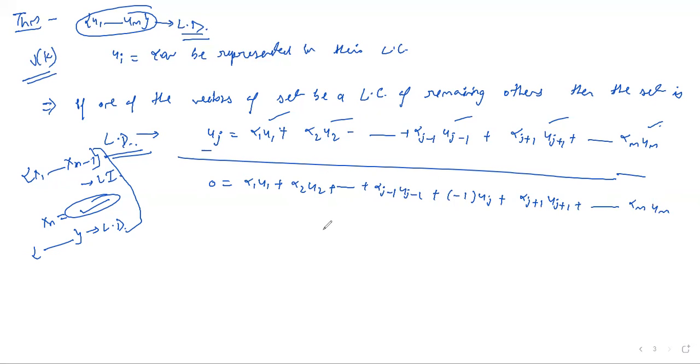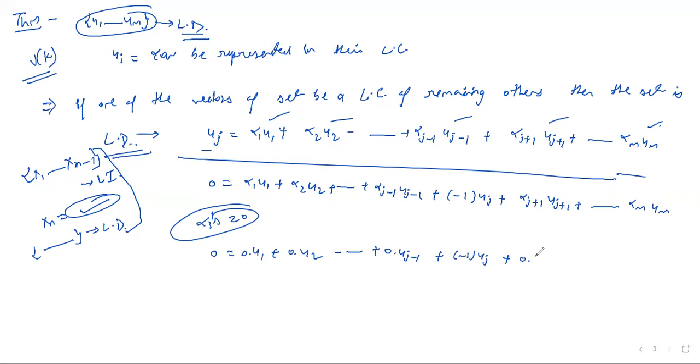Now, for a linear combination, suppose all alphas equal 0. Then it becomes 0 u1 plus 0 u2 to 0 u(j-1) plus minus 1 of uj plus 0 u(j+1) to 0 um. This is when I consider that this set of vectors is linearly independent. So for linear independence, the set of scalars all have to be 0.